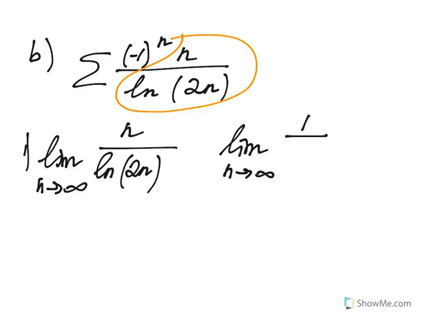Take the derivative of ln 2n, you get 1 over 2n, times the derivative of 2n, which is 2. And you flip it, that becomes n. When n gets bigger and bigger, the value of this approaches infinity, so you stop there. We have a series that diverges.